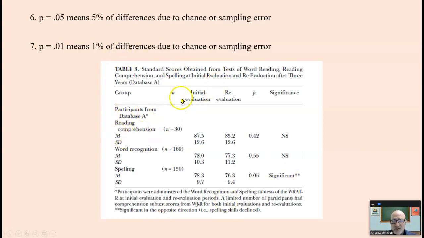And with participants, we look for this. When we see that it's not significant, the difference between initial and reevaluation, not significant. Initial and reevaluation, not significant. Initial and reevaluation, that is statistically significant. That's why I always have to go to the data. We look for the statistically significant differences.